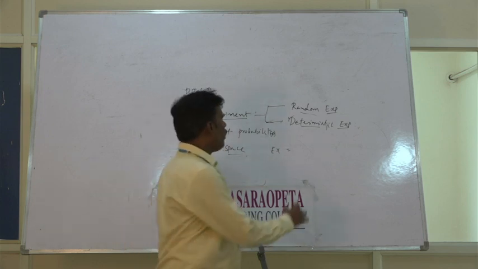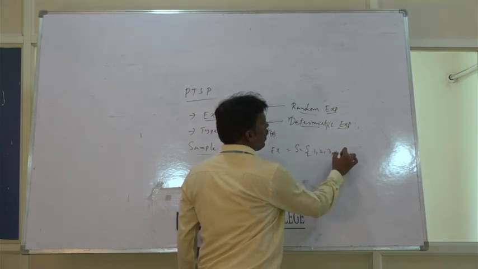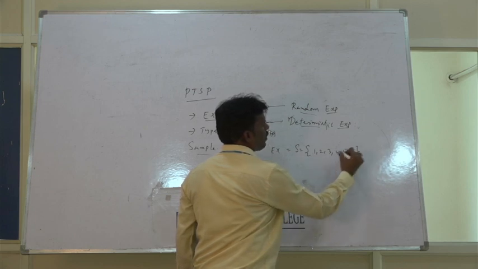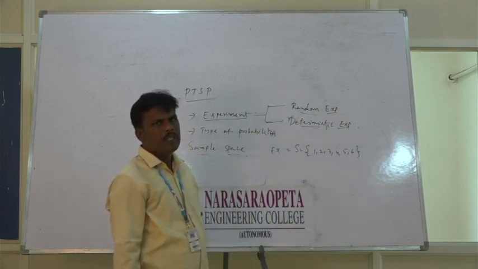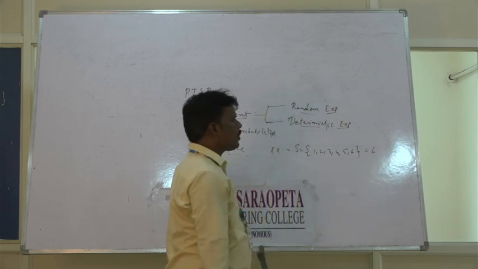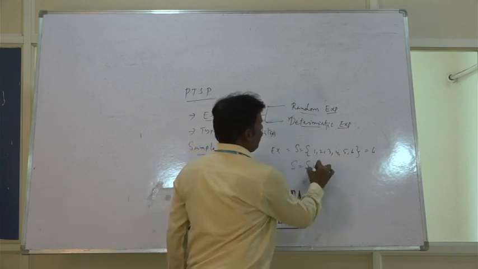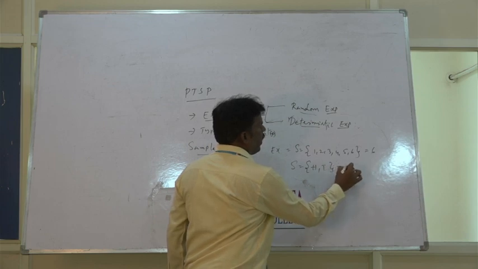The sample space elements are 1, 2, 3, 4, 5, 6, a total of 6 sample values. Suppose tossing a coin is an experiment. What is the sample space? Head and tail.